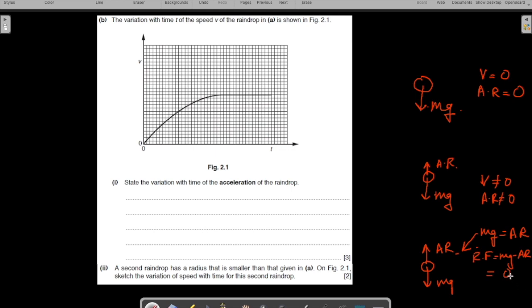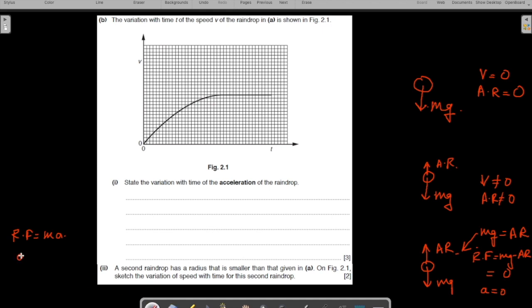So the resultant force becomes 0. That means acceleration becomes 0. Why? Because the resultant force, the formula is ma. So if the resultant force itself is 0, the acceleration has to be 0. Let me simplify it.